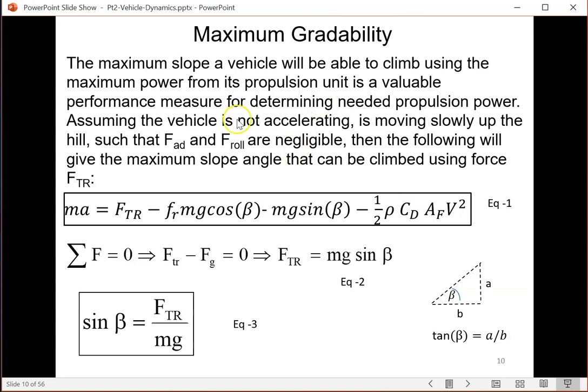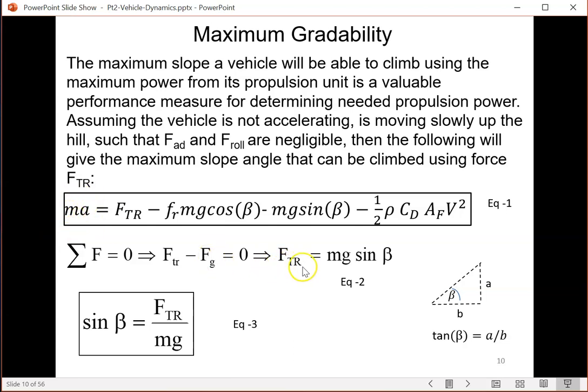Therefore, you only have two terms left. This is FTR, the traction force, and mg sine beta, the opposing force due to gravity. So FTR minus mg sine beta equals 0.